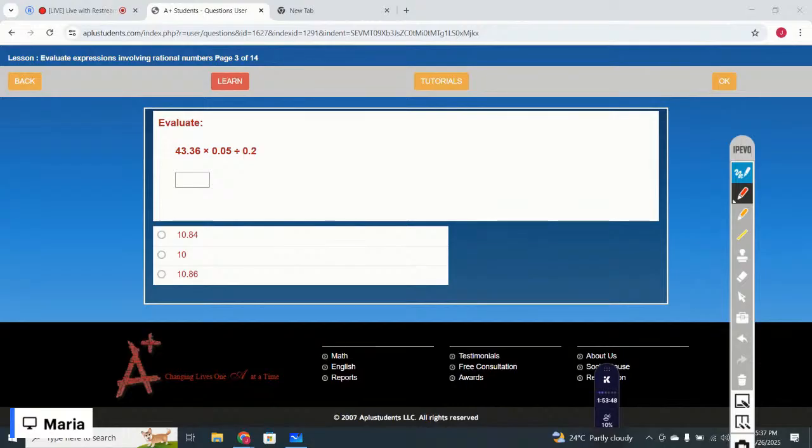Oh, we have to multiply, sorry. 43.36 times 0.05, that is 2.168. 2.168 divided by 0.2, that is 10.84. Option number 1 is the correct option.